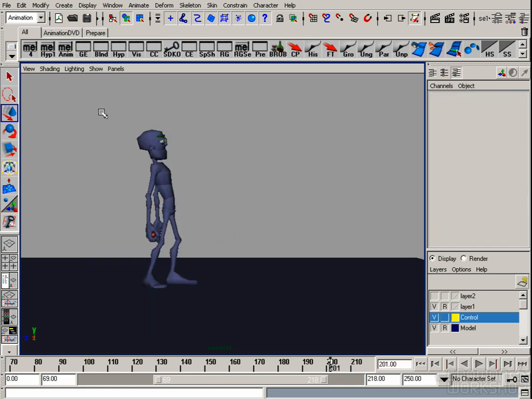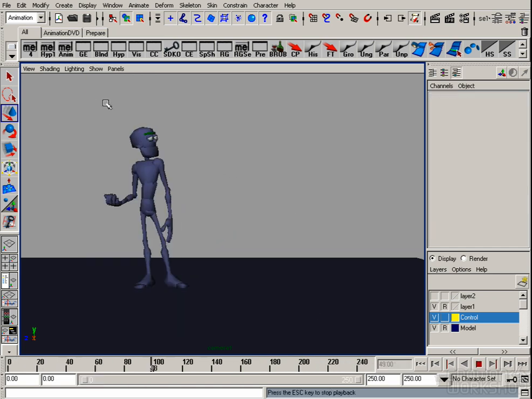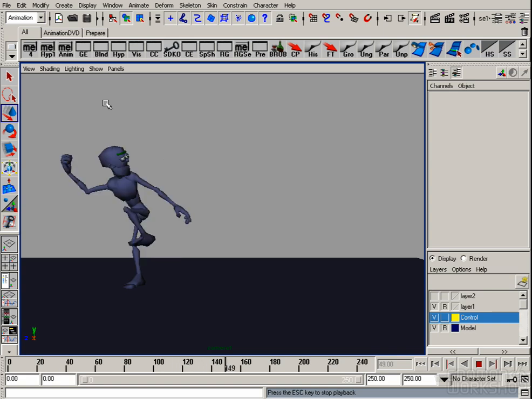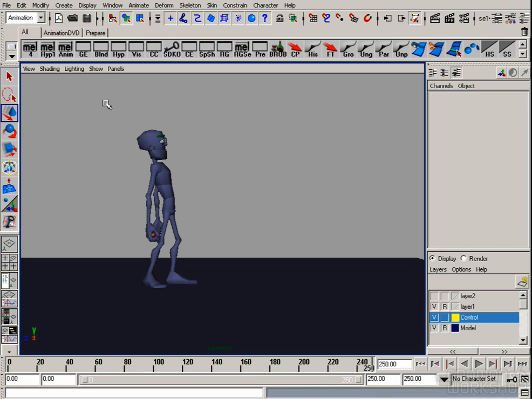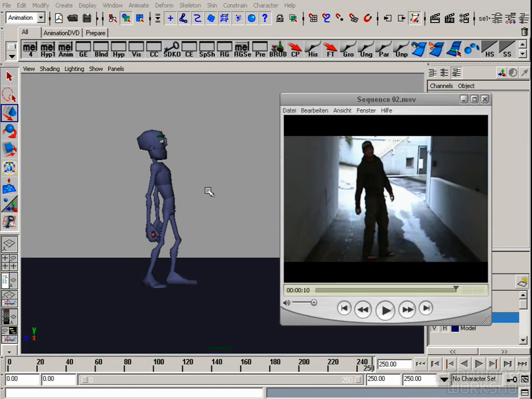It's a very, very fast way to work. And also the timing we have now will not be the final timing. For example, I think that when he throws the ball, it has to be faster. But we will adjust this when we do the breakdown and in-betweens.